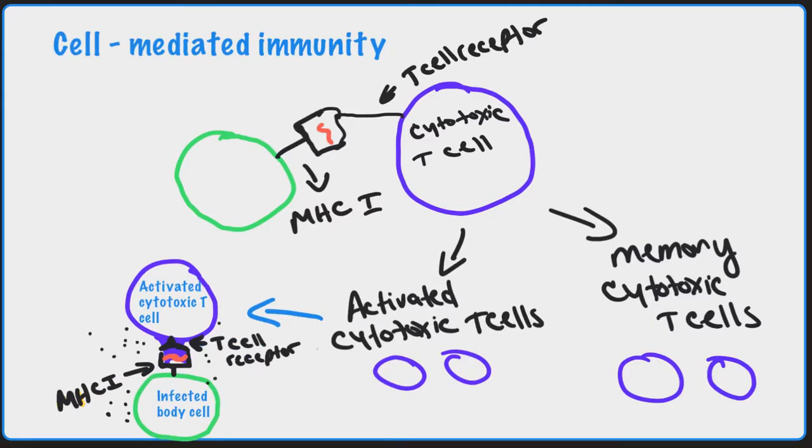So once it's activated and then it goes and attaches to MHC1 on body cells that are displaying this specific antigen, it's going to release granzyme and perforin, which actually perforate the cell wall of the infected cell, and it's going to cause that cell to undergo apoptosis, which is cell death.